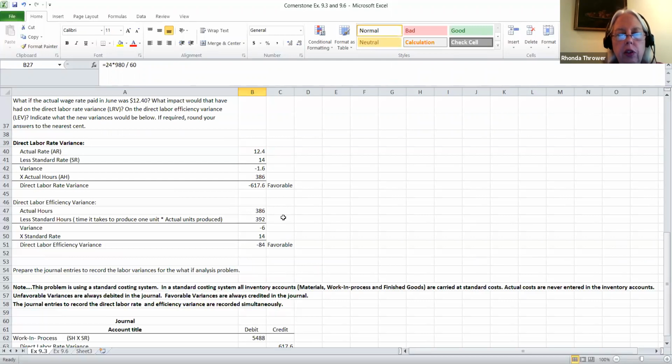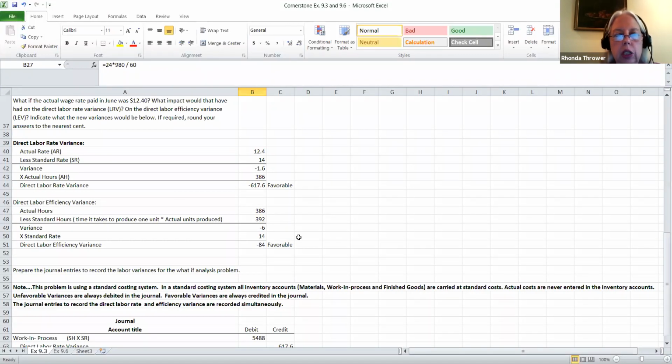One thing that is different from the materials journal entry that we talked about in the last video that we made is that with your labor variances, you combine them together. Instead of making two separate journal entries out of these, we would combine it together and just have one journal entry.